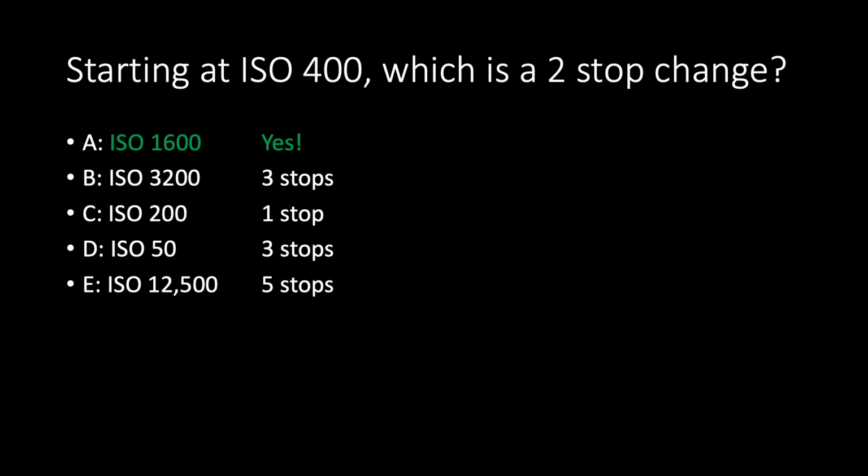ISO 200 is half of 400, so it's 1 stop darker. ISO 50 is 3 stops darker than 400. ISO 12,500 would be, well, let's do the math. 400 to 800, 800 to 1600, 1600 to 3200, 3200 to 6400, 6400 to 12,500, and we're at 5 stops.